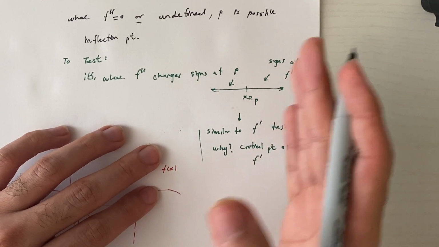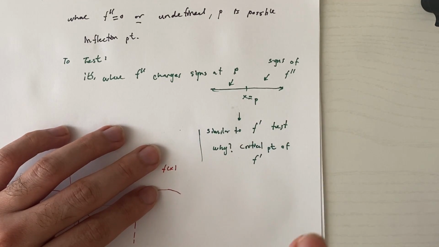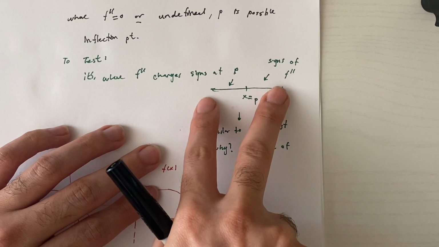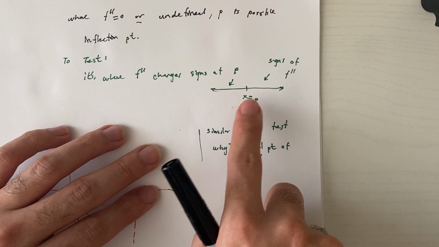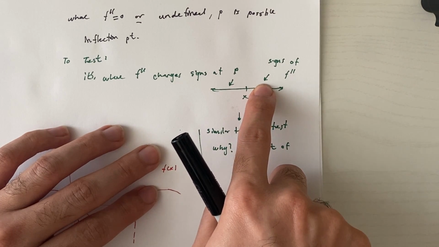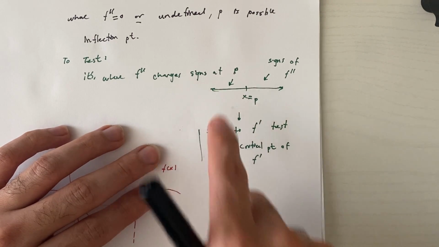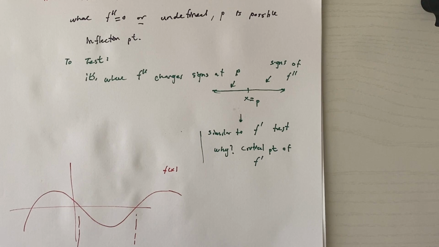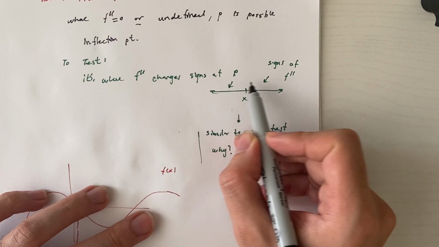I'm going to take a value that is larger than p and a value that is less than p, and then plug these values into the second derivative and see the signs of these. If the sign changes, this is called an inflection point. If not, it's not an inflection point.